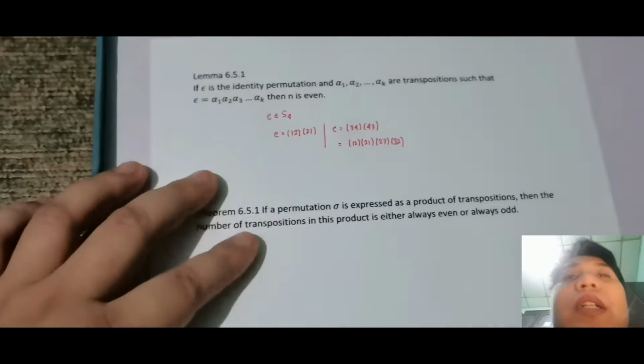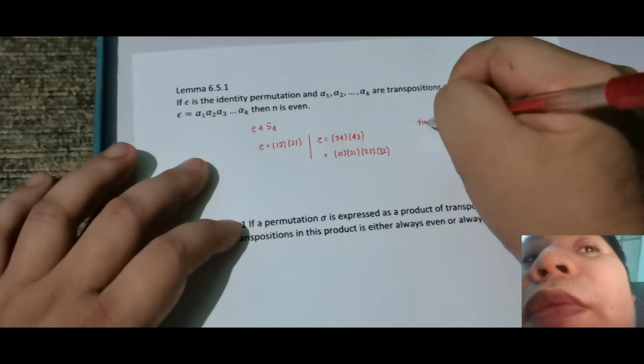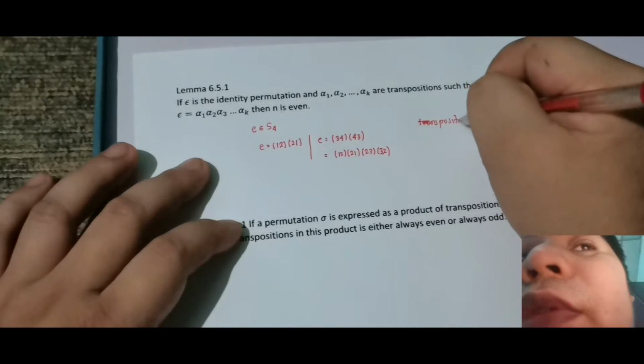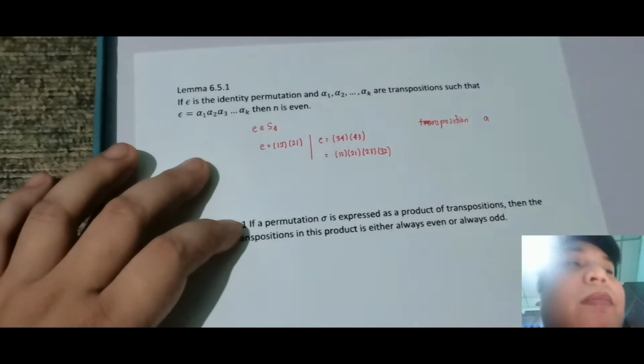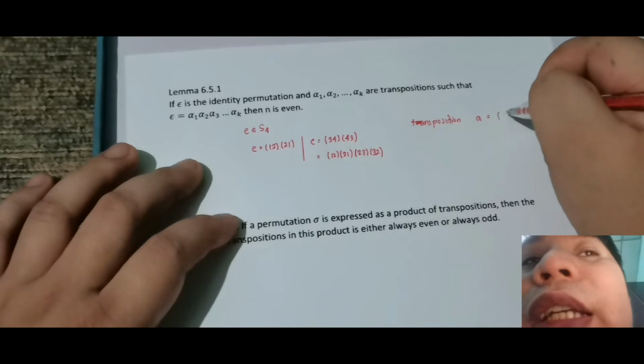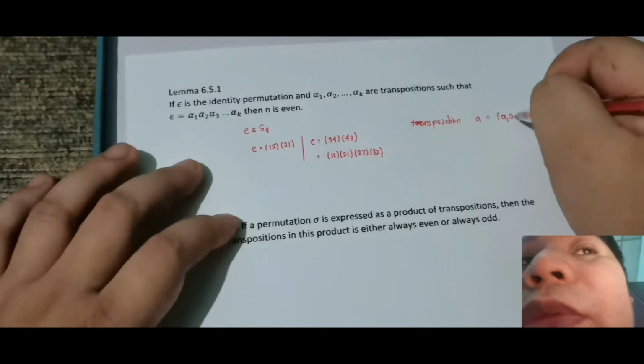Kasi sabi ko nga last time na pag ikaw ay transposition, alam ko na yung length mo, so alam ko na kaya kong i-represent as kunyari A sub 1, A sub 2.